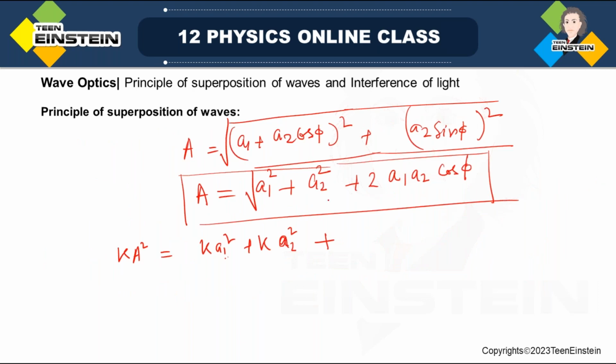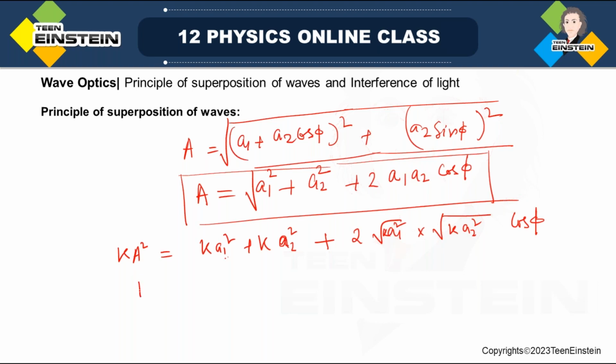So what we get here is k a1 square into square root of k a2 square cos phi.